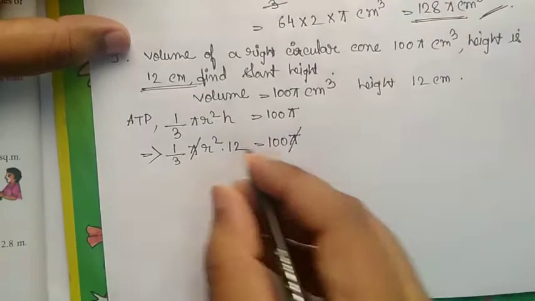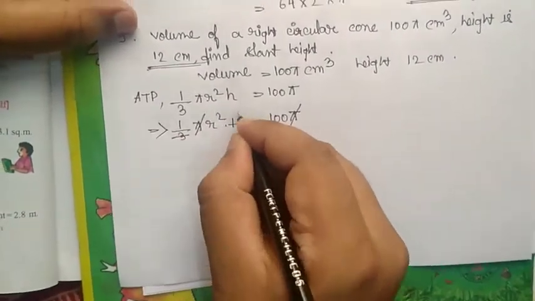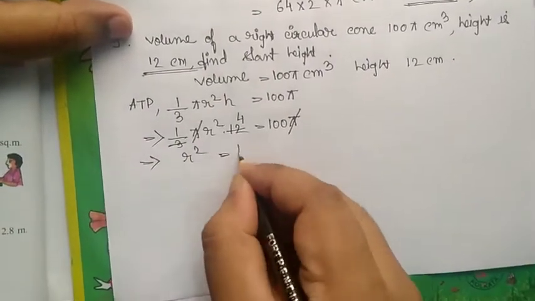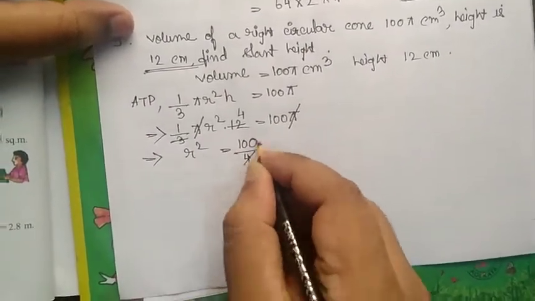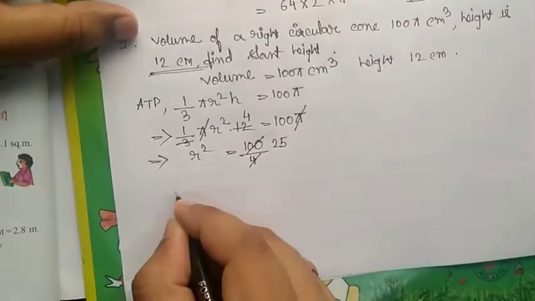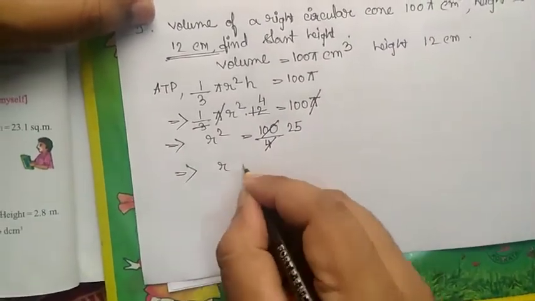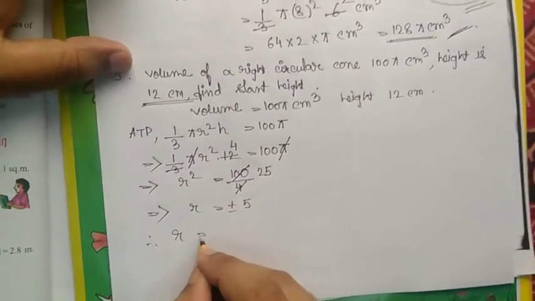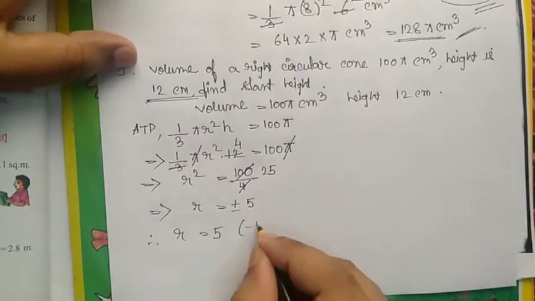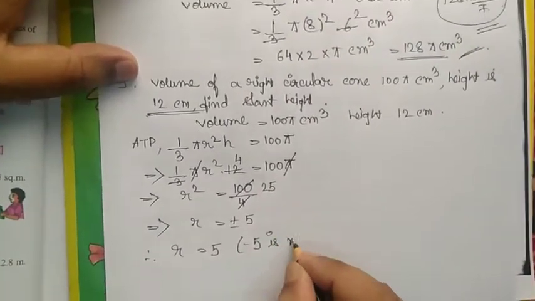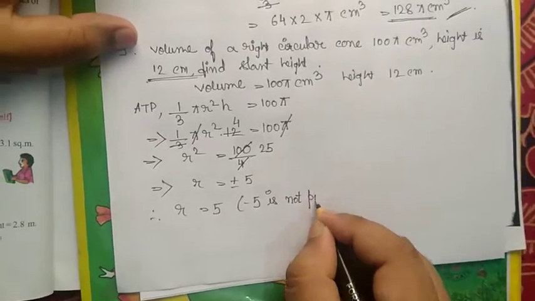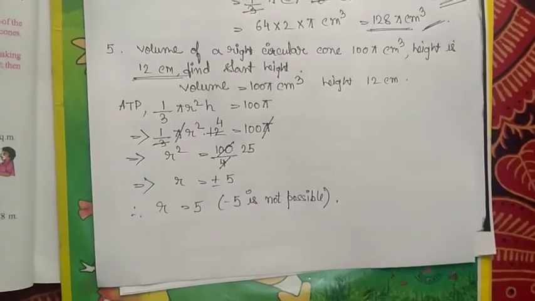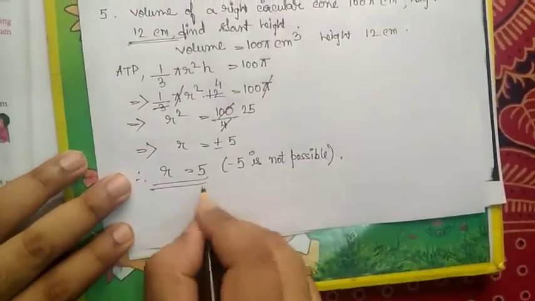Eliminating pi and pi here, this should be 4. So r square equals 100 by 4, 25. So r equals plus minus 5, therefore r equals 5, minus 5 is not possible. So the radius is 5 unit.